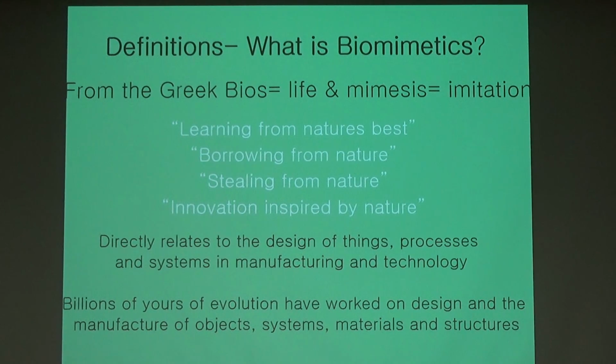So in a nutshell, nature, of course, is a result of billions of years of evolution, and it's worked on design and manufacture of objects, systems, materials and structures that we can then learn from.